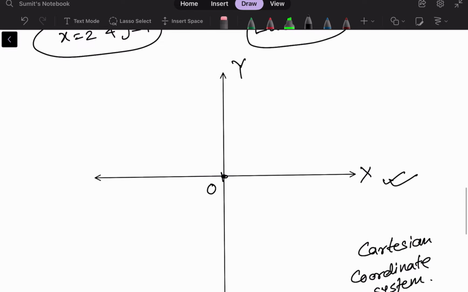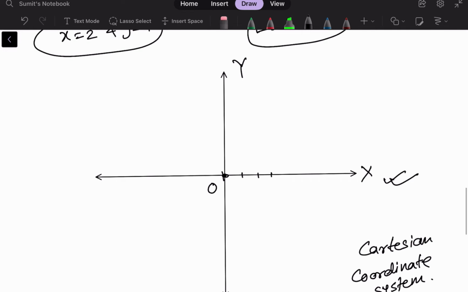Take the numbers 1, 2, 3, 4, 5, 6, 7, 8, with a uniform gap between two numbers. Let it be a 1 centimeter gap. On the left-hand side it will be minus 1, minus 2, minus 3, minus 4, minus 5, minus 6 and so on.